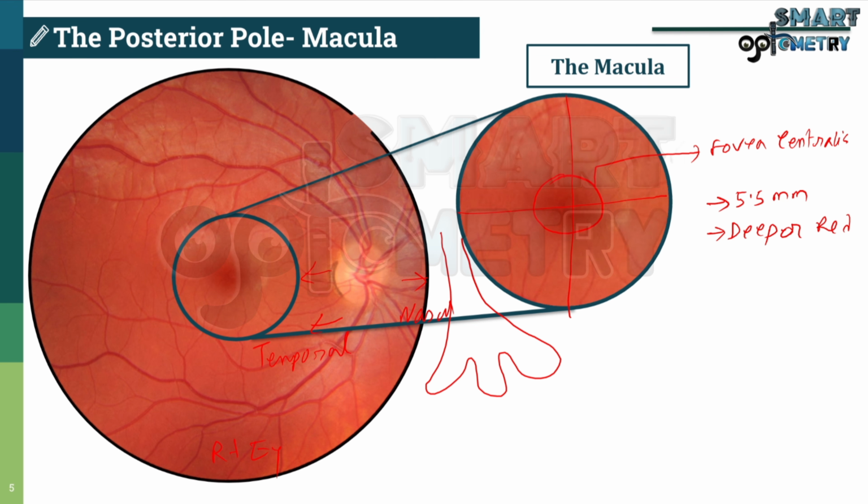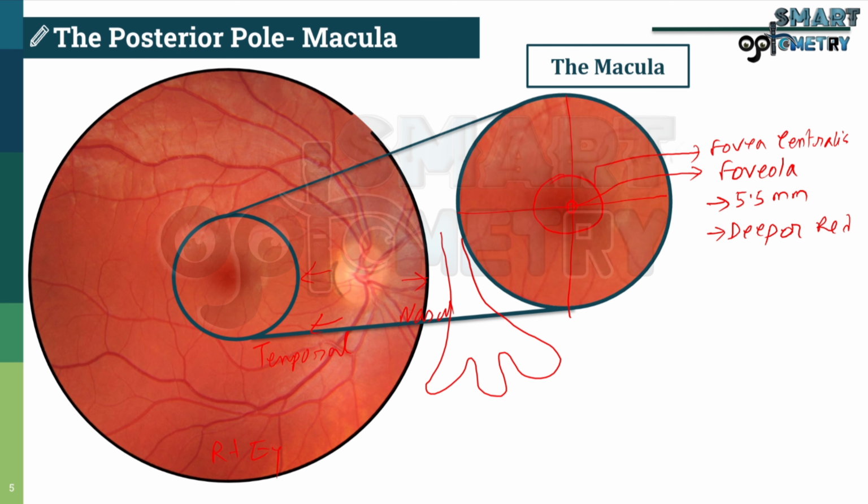And at the center of the fovea centralis there is a shining pit of 0.35 millimeter, that is called foveola. Here this is the shiny pit at the center of the fovea centralis, which is called foveola.